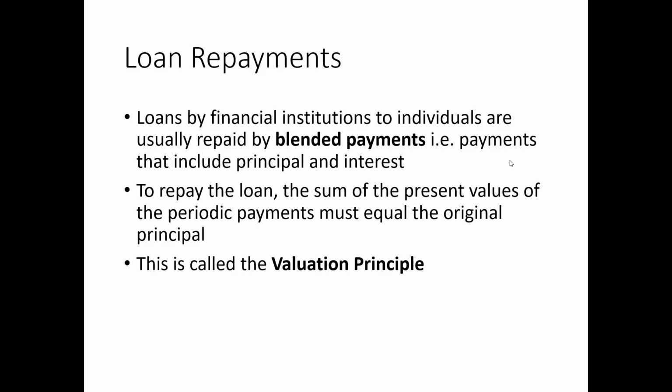But a $1,000 payment in 3 months, in 6 months, and in 9 months, each one will contribute to principal differently. The earlier the payment, the more principal paid off. The later the payment, the more interest component is in that payment, right?